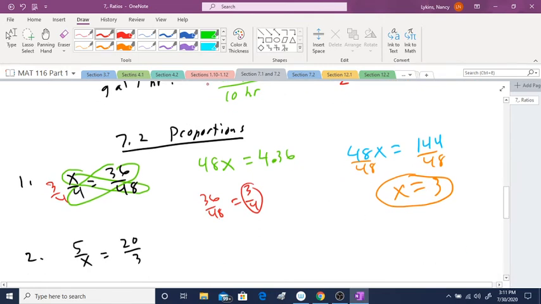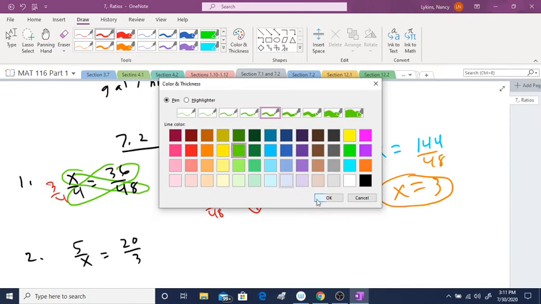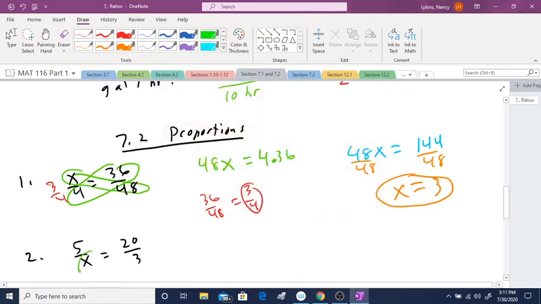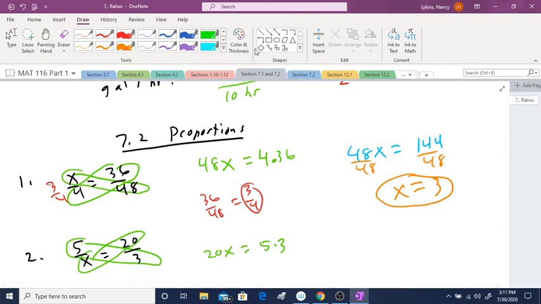Okay, what about this next one? I always cross multiply first the variable, the x and the 20. I'm going to say 20x equals, then 5 times 3. So that is 20x equals 5 times 3, which is 15.